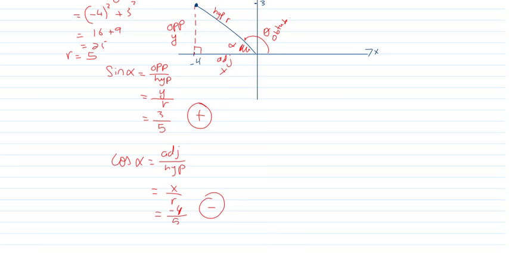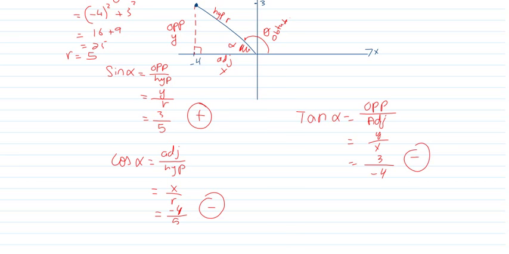Now, let's do tan. The formula for it is opposite over adjacent, which in this case is y over x. What's the value of y? 3. What's the value of x? Negative 4. Is that positive or negative? Negative, because positive over negative is negative. Did we expect tan to be negative?